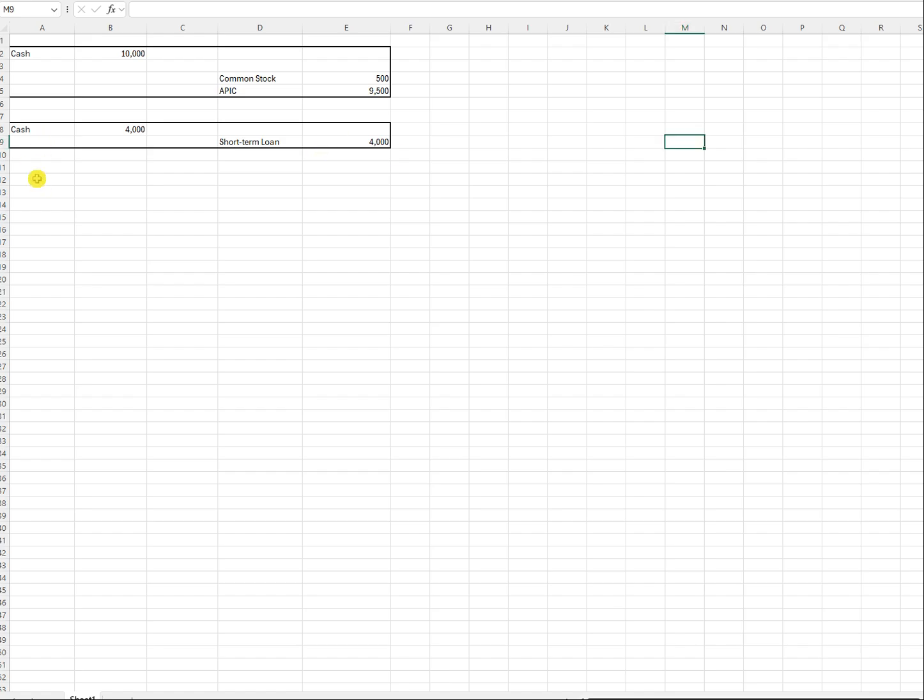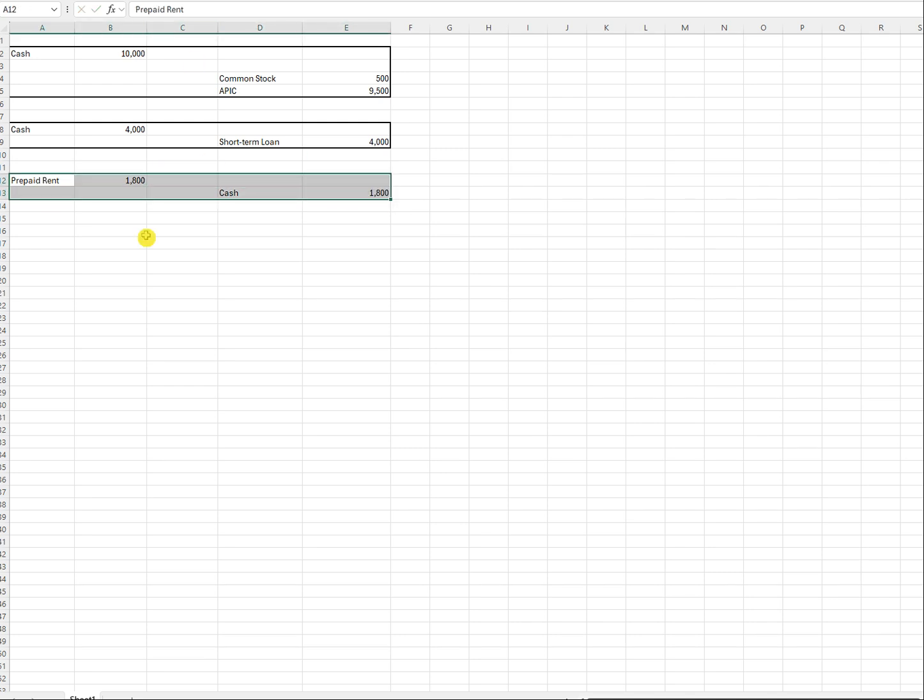In terms of journal entries, I'm going to debit prepaid rent, which is the increase in asset. Then I'm going to reduce my cash, so I credit cash. That finishes this journal entry.